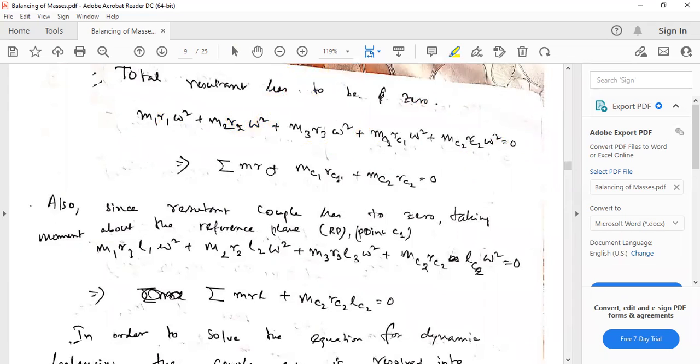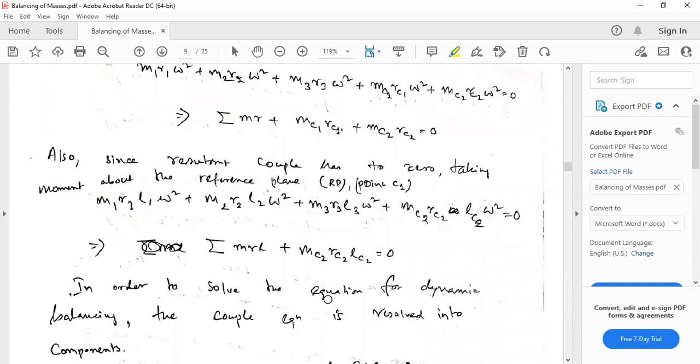So the summation of all unbalanced forces plus the summation of all balanced forces will be equal to zero. Omega square gets cancelled out. This is called the static balancing condition.